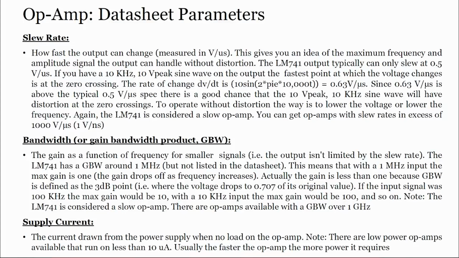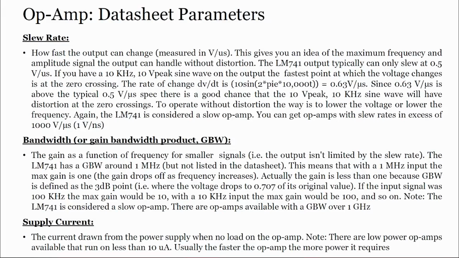So, if you want to avoid this distortion, what can we do? We can either lower the voltage so that it comes to around 0.5 volt per microsecond or below, or we can lower the frequency. By lowering the voltage or frequency, the rate of change dV by dt would be less than 0.5 volt per microsecond.